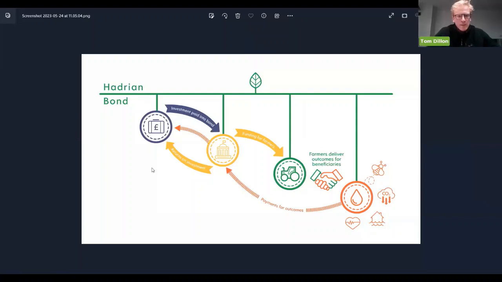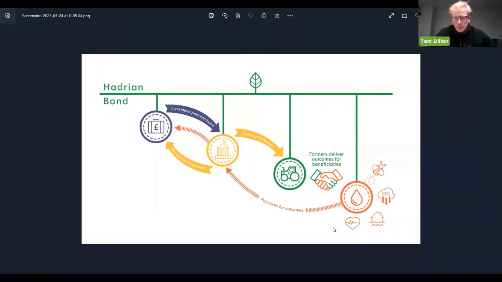So we went about updating our model, using a pilot project in Northumberland as a starting place, so a number of farms up in the Tyne Valley, which we've been working with, and very grateful as well to DEFRA for the NEIRF grant, which supported us in this stage.